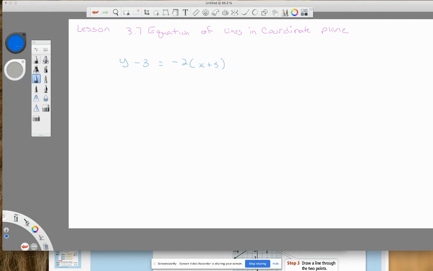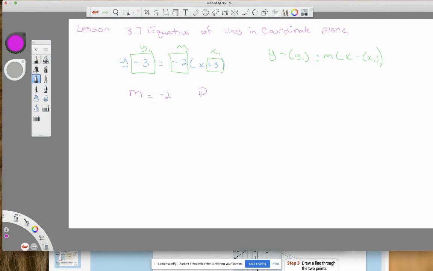So remember, we've got a y1, we have an m, and we have an x1. The equation is y minus y1 equals m times x minus x1. All right, that's important. So let's start with the easy part, our slope. Our slope is negative 2.